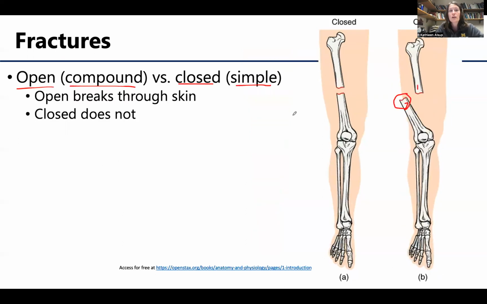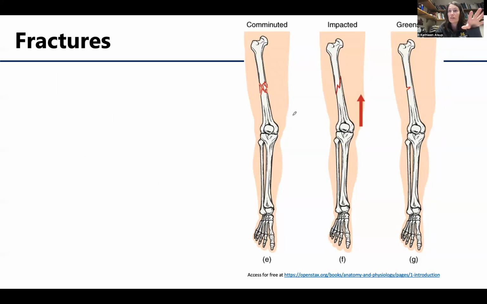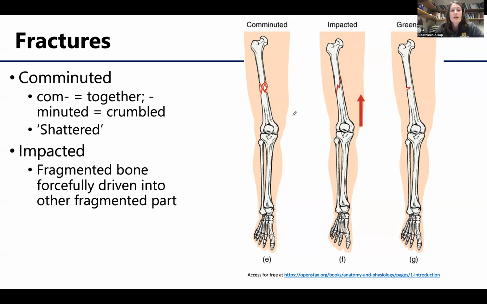So these are going to be the two major categories, the open and closed, and then within those you can have these different types here. So you're going to have comminuted, and the keyword here is shattered. Colloquially we'll hear this referred to just as shattered bone. A portion of the bone is going to be broken into numerous pieces, so shattering, as you can see here.